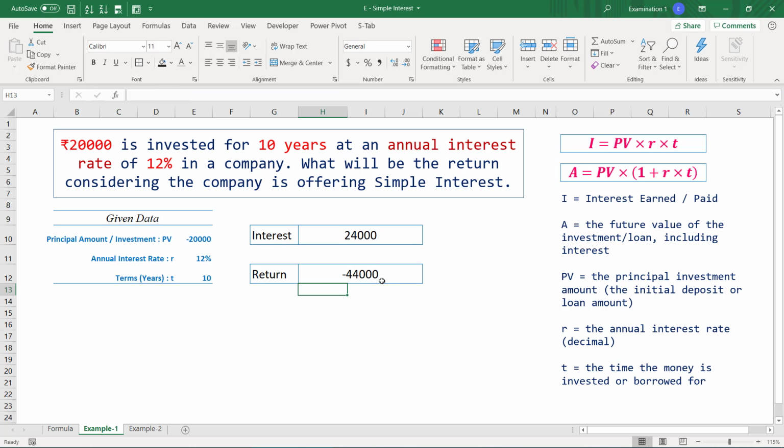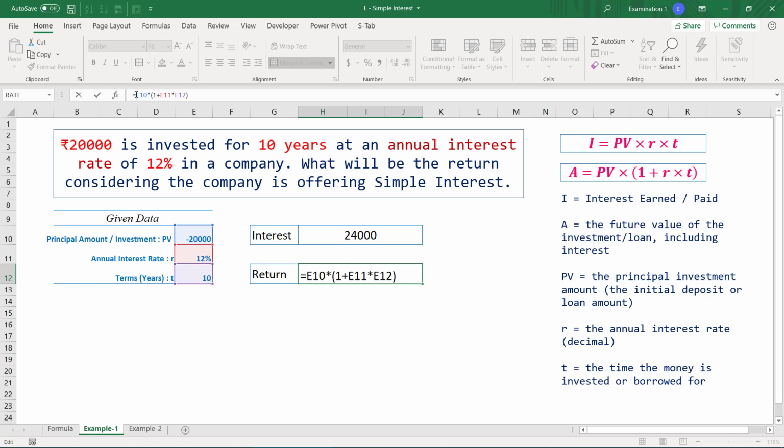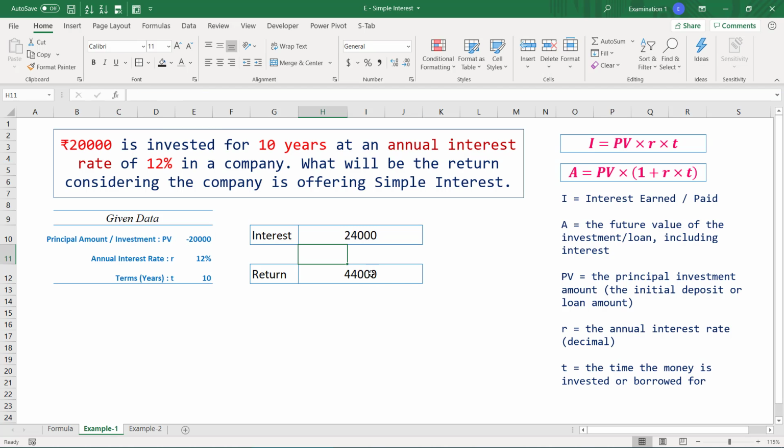And again, this is negative because PV is negative, so I'm simply going to multiply this by negative. Okay, so this is what I will get against my investment of 20,000 overall. So it includes 20,000 as my investment and 24,000 as interest.